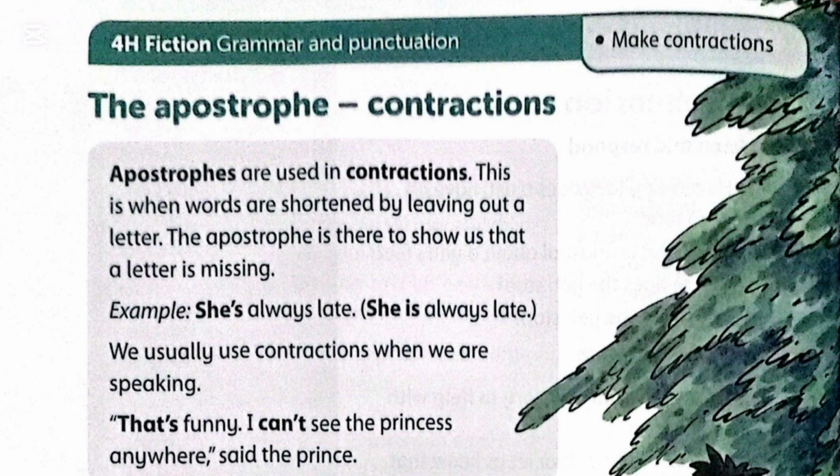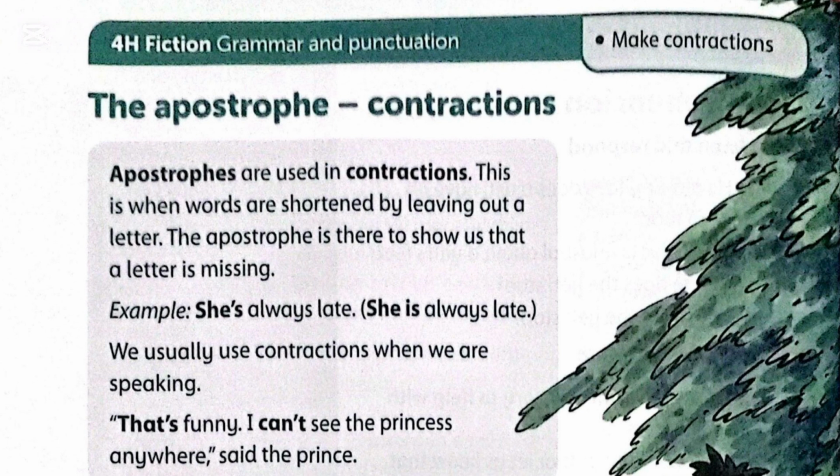For example, "she's always late." The full form is "she is." These are two separate words, and when we contract them we put an apostrophe and drop the letter I and make a shortened form of these two words, and we write "she's always late."